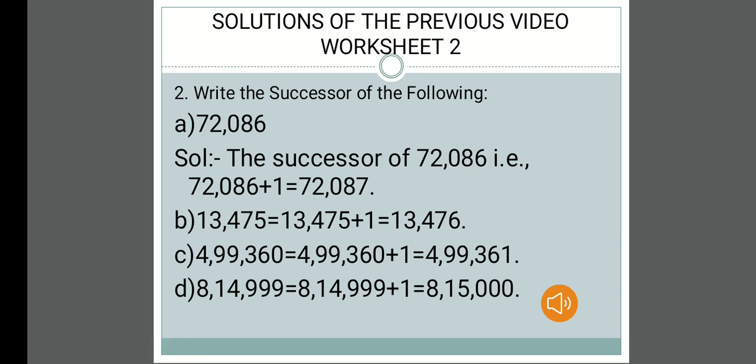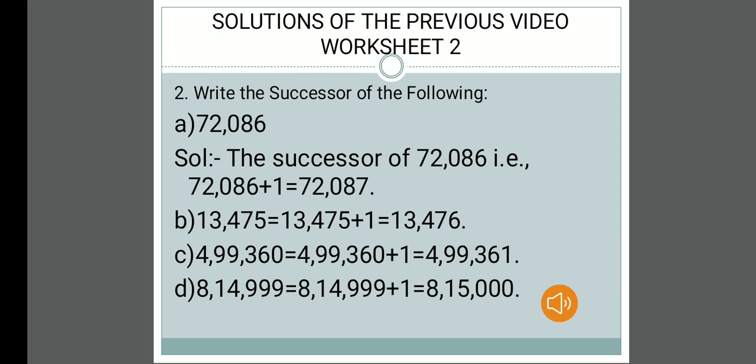Coming on to the second question, write the successor of the following. As I already gave the definition, the successor is just after the given number, or you have to add 1 to its unit place. So we'll get the next number.